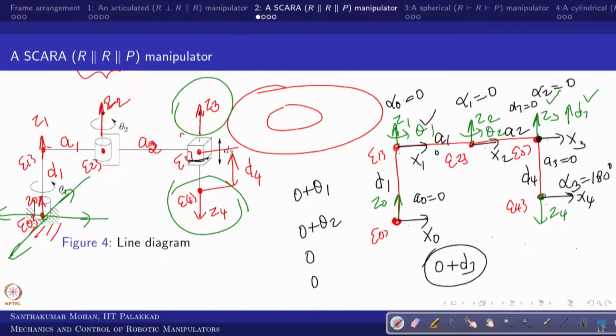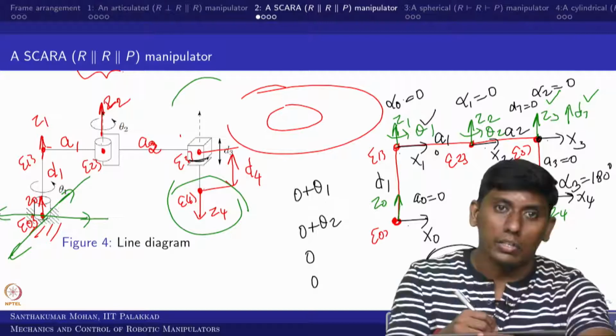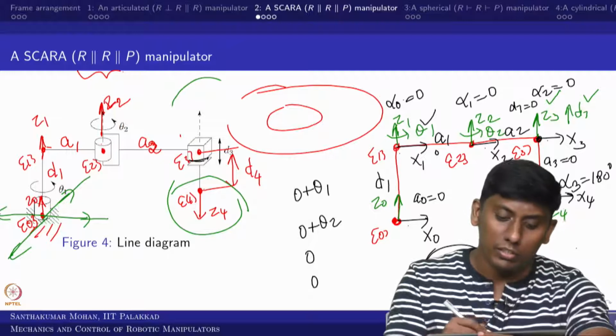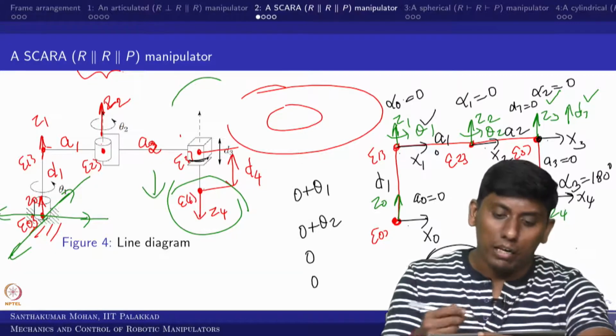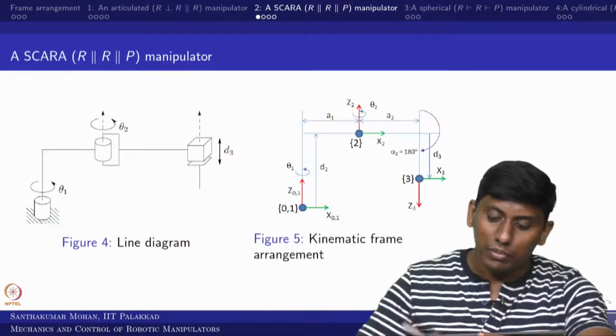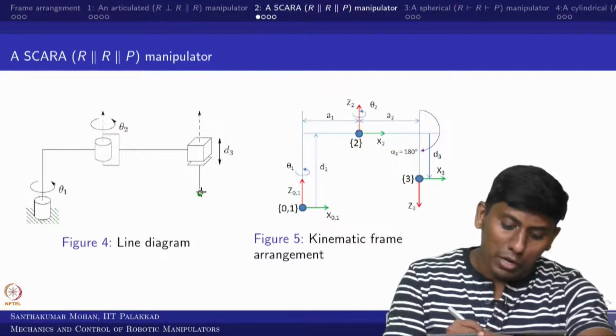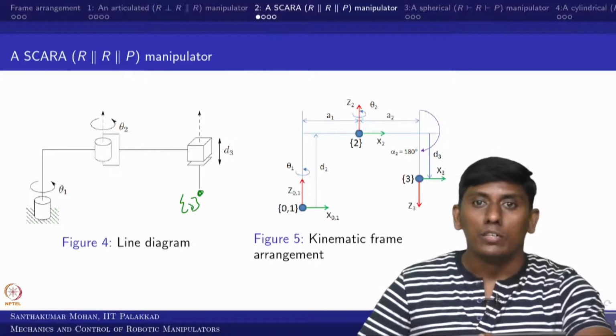In order to make it easiest and convenient for you, I made a frame arrangement in such a way that this is the opposite direction. I assume that this is the positive direction, which is coming downward. That frame arrangement I made here, okay. So if that is the case, this final point I can take as 3.